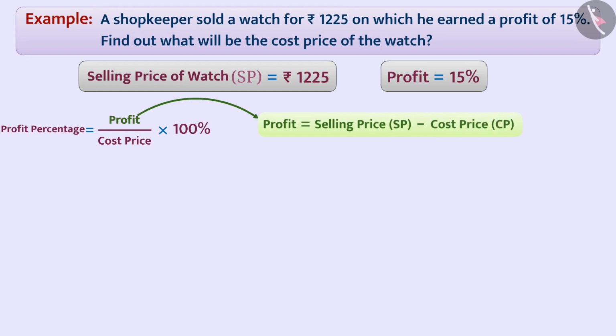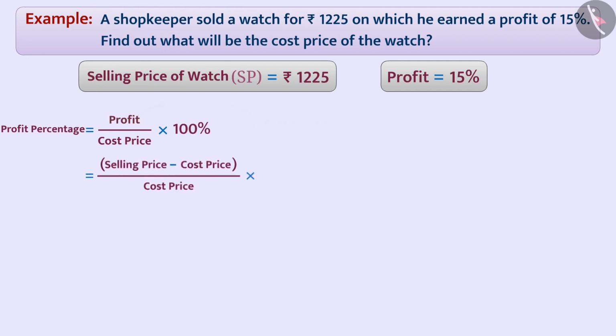Therefore, profit percentage is equal to (selling price minus cost price) divided by cost price multiplied by 100%, which is equal to (selling price divided by cost price minus 1) multiplied by 100%.